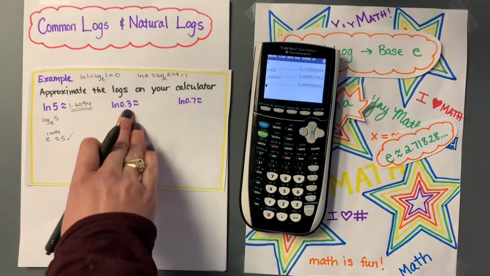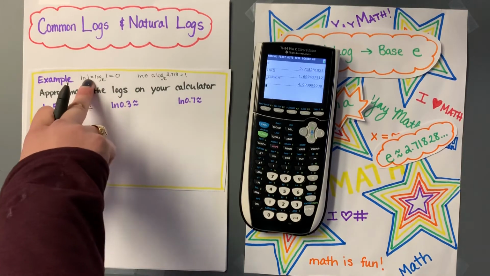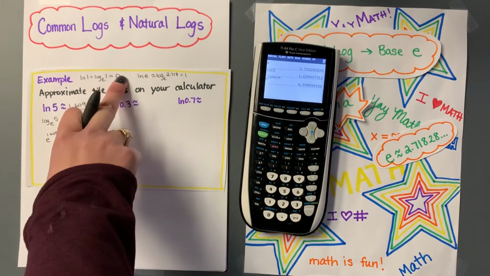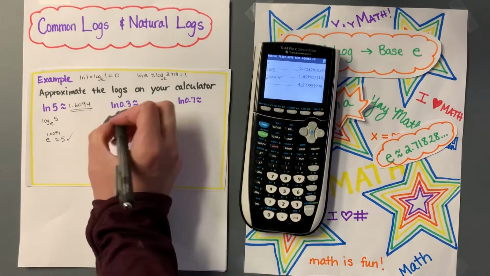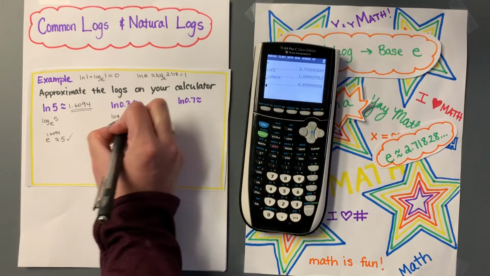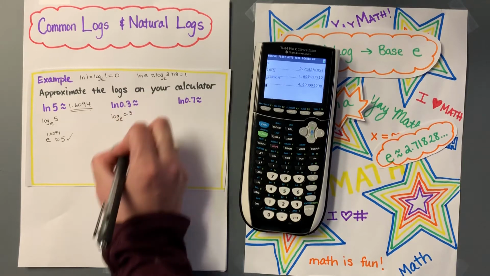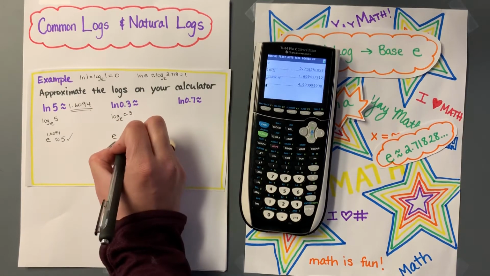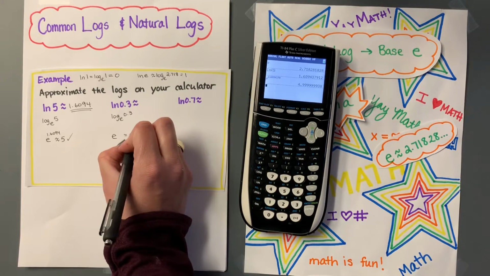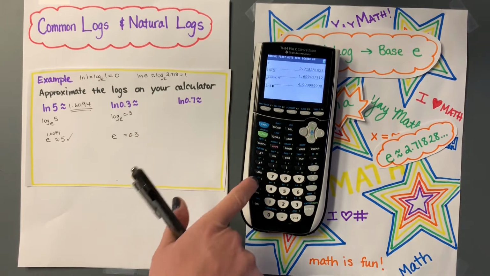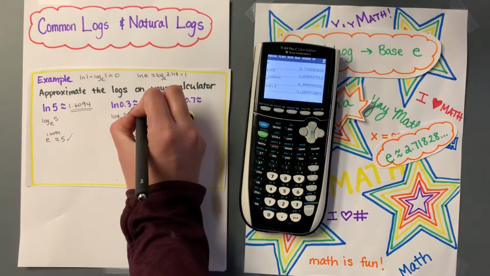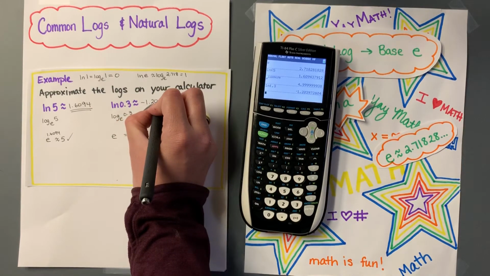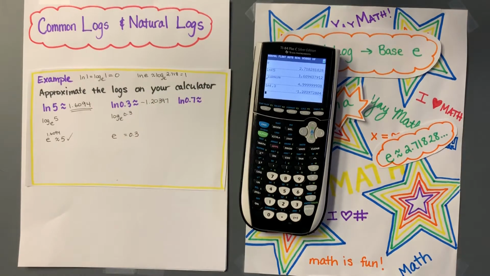All right, ln of 0.3. 0.3 is smaller than 1, so I believe this is going to be a negative number. I'm expecting a negative number. This is really saying log base e of 0.3, so e to what exponent is equal to 0.3. I'm going to hit the ln button, 0.3, and I get negative 1.20397.